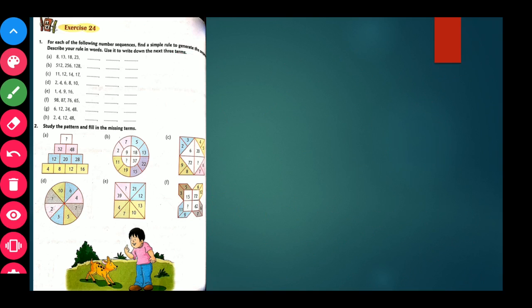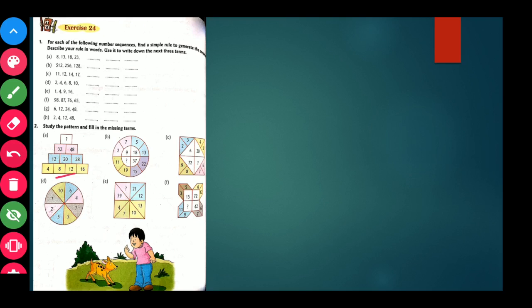Now question number 2. Study the pattern and fill in the missing terms. See question number A. Here you can see the yellow strip 4, 8, 12, 16. Then blue strip 12, 20, 28. And then pink strip is given 32 and 48. So in this we can see when we add 4 and 8, we get the number 12. Similarly, when we add 8 and 12, we get the number 20.